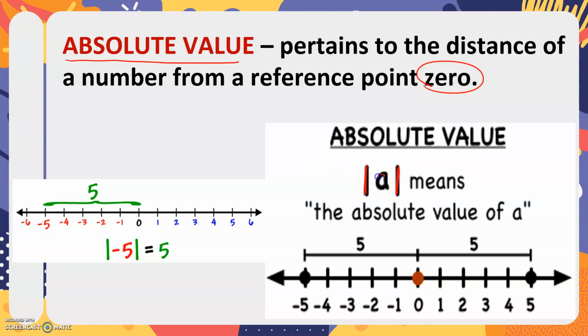So if you have, say for example, A inside the absolute value symbol, it means the absolute value of A. For example, if you are to get the absolute value of negative 5, it means that you will get the distance of negative 5 from 0. And that is 1, 2, 3, 4, 5. So the absolute value of negative 5 is 5. It means the distance of negative 5 from 0 is 5 units.